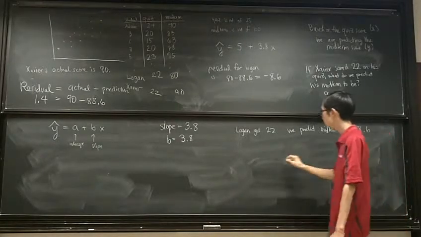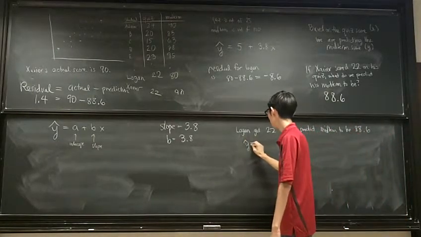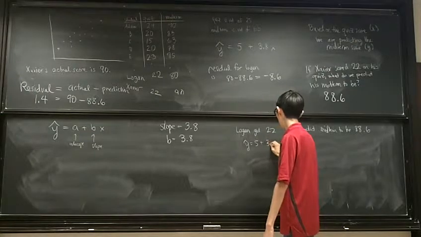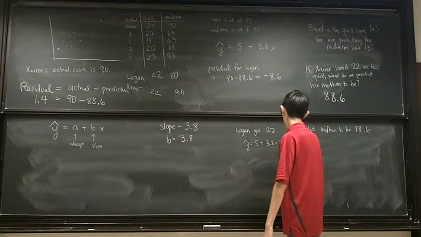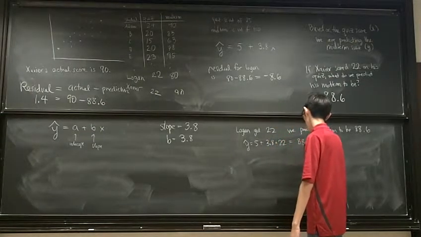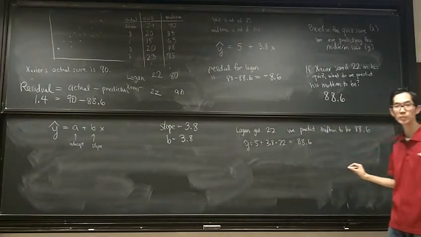The way we did this was y hat is equal to 5 plus 3.8 times 22. And that gives us 88.6. Is that okay with everybody?